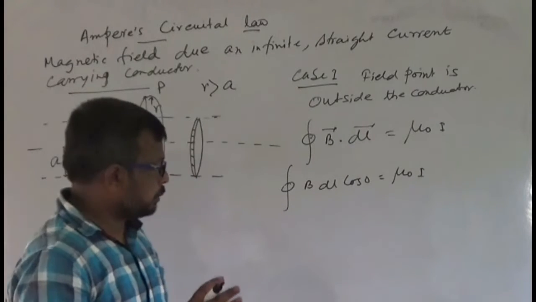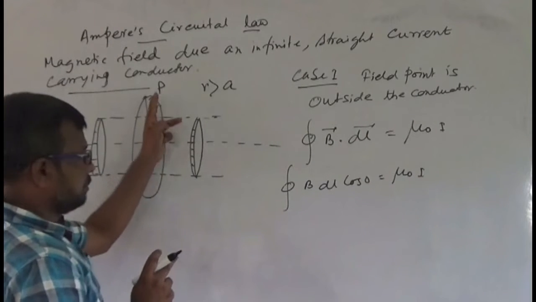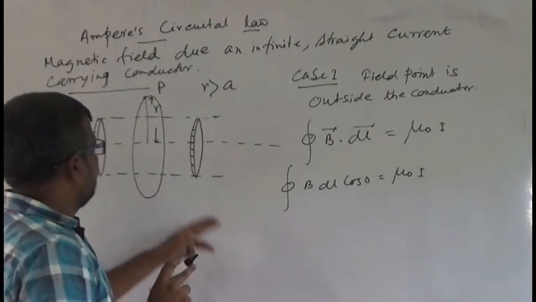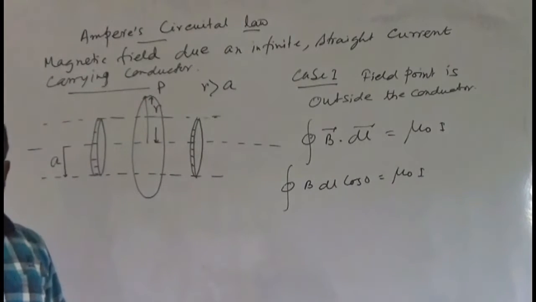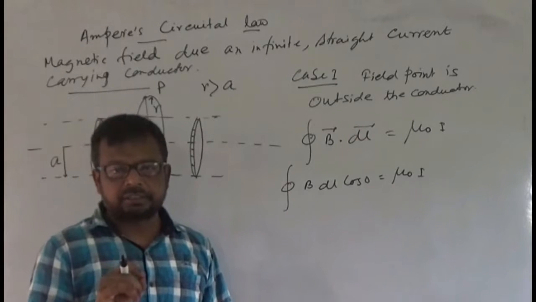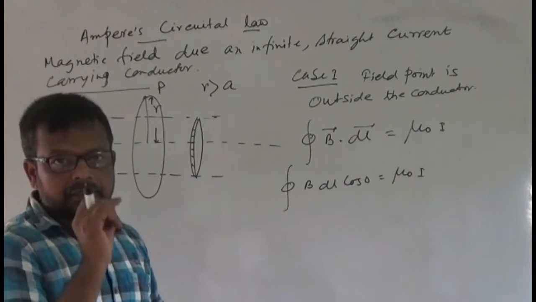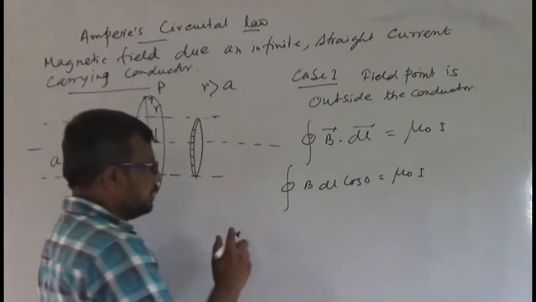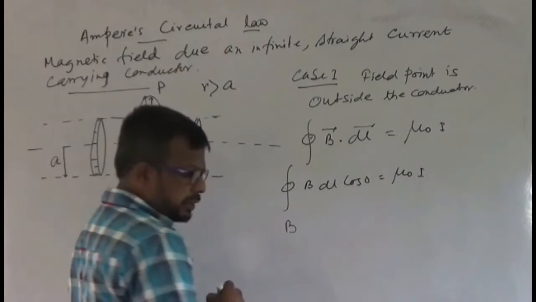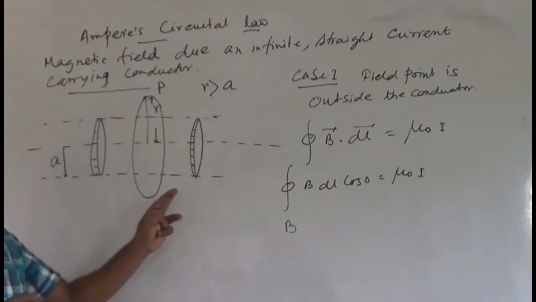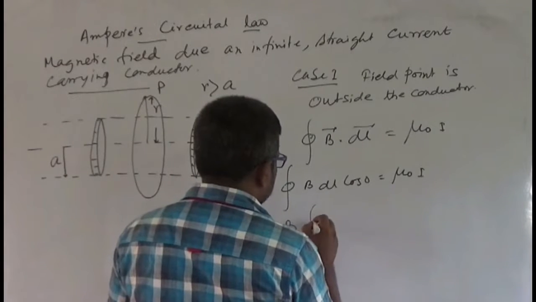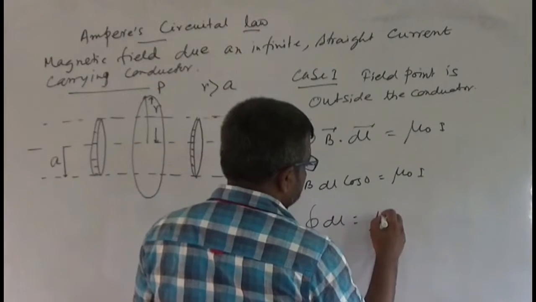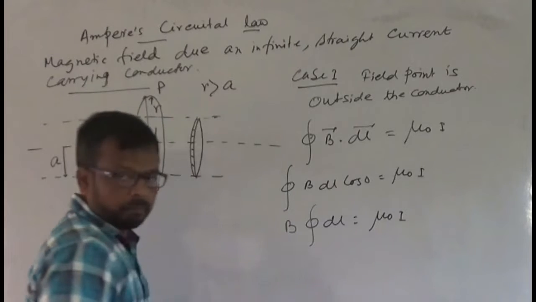That means it only depends on this r. Since we have taken the closed path as a circle, r is the same at each and every point of the path, so B is fixed at every point and can be taken out of the integration.